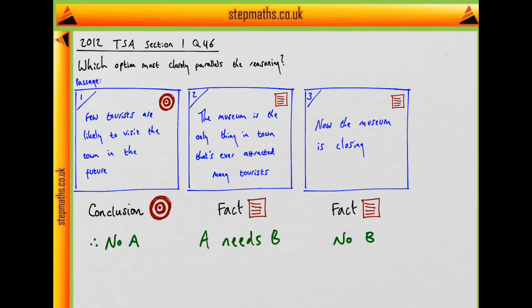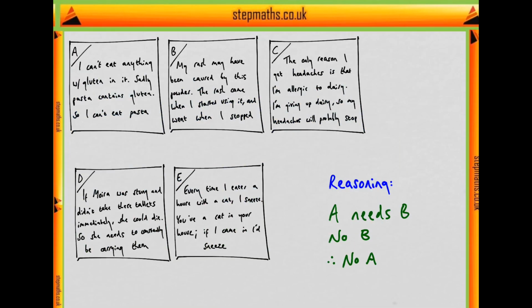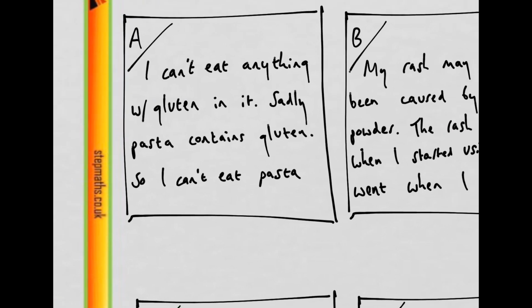Let's look at some options to see which matches this reasoning. So here we have our 5 options, and here we have the reasoning that's used in the passage. So let's take each option in turn. Looking first at option A, this says, I can't eat anything with gluten in it. Unfortunately, pasta has gluten in it. Therefore, I can't eat pasta. Well, what's the logical form of this going to be? Something like this.